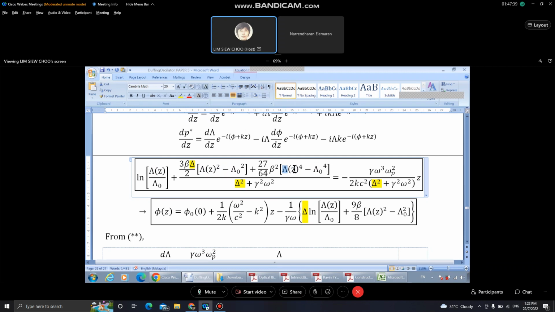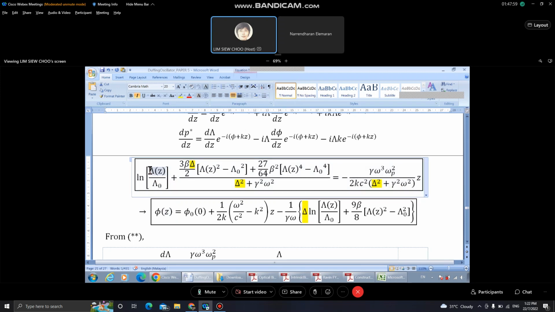Of course, there is gamma prime z from here, and gamma prime z from here. So after you differentiate, you need to rearrange, right? You can get the d phi over dz. Okay, I don't want to say gamma prime.